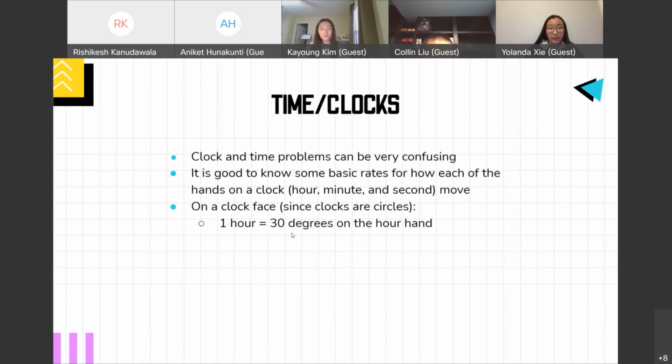So the whole thing is 360 degrees. If 1 hour passes, the hour hand, since there are 12 different hours on the clock, will move 360 divided by 12, which is 30 degrees. So write that down: 1 hour equals 30 degrees on the hour hand.